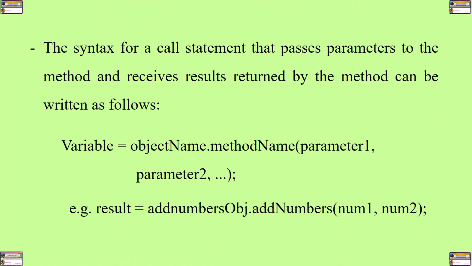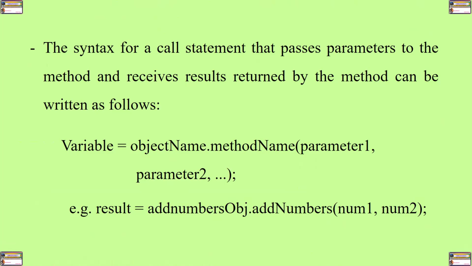For example, if you have a method called add numbers that we looked at in the previous presentation in this series, then you have to create an object for manipulating the contents of that class in which the method belongs. So you have a class called add numbers, and therefore we create an object called add numbers out.